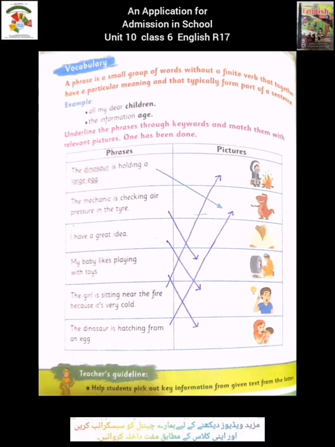It's a small group of words that may or may not have a meaning properly, but it is a part of the sentence. As we all know, a sentence has a phrase as well as a clause. So a clause always has meaning and a phrase sometimes has meaning and sometimes does not have any meaning. So it might vary sometimes.